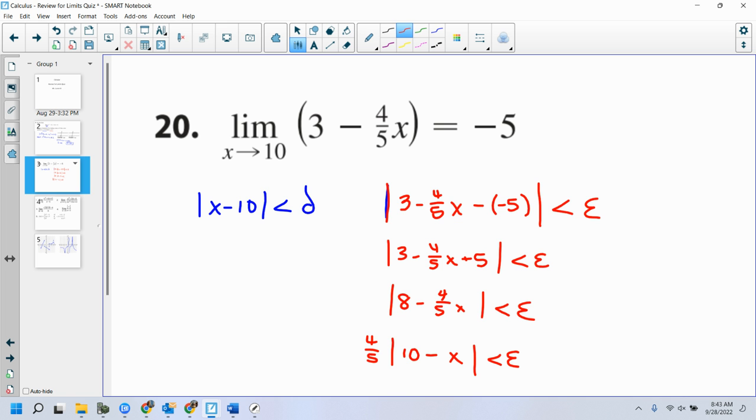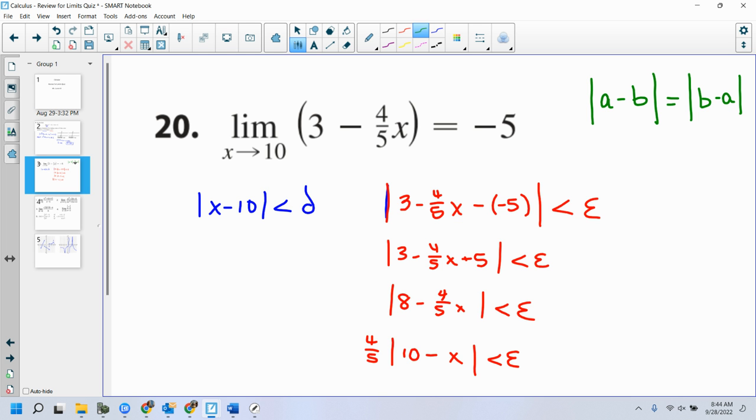One thing that you may not know, that the book assumes you do know, I'll put it in green because it's weird, is that the absolute value of a minus b is equivalent to the absolute value of b minus a. That is just a rule for absolute values that always works.